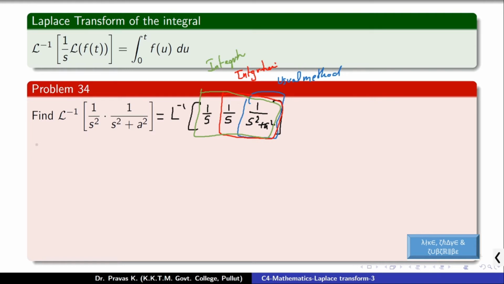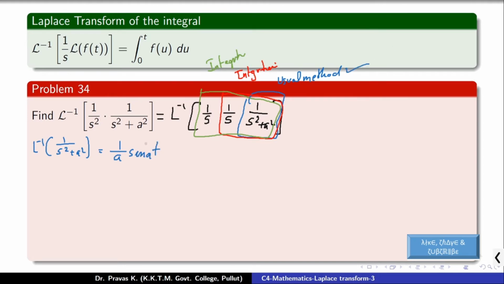Now let us start with the inverse Laplace transform of 1 by s square plus a square. We can see that the answer is very direct, since you can see from the table available to us that it is 1 by a times sin a t.